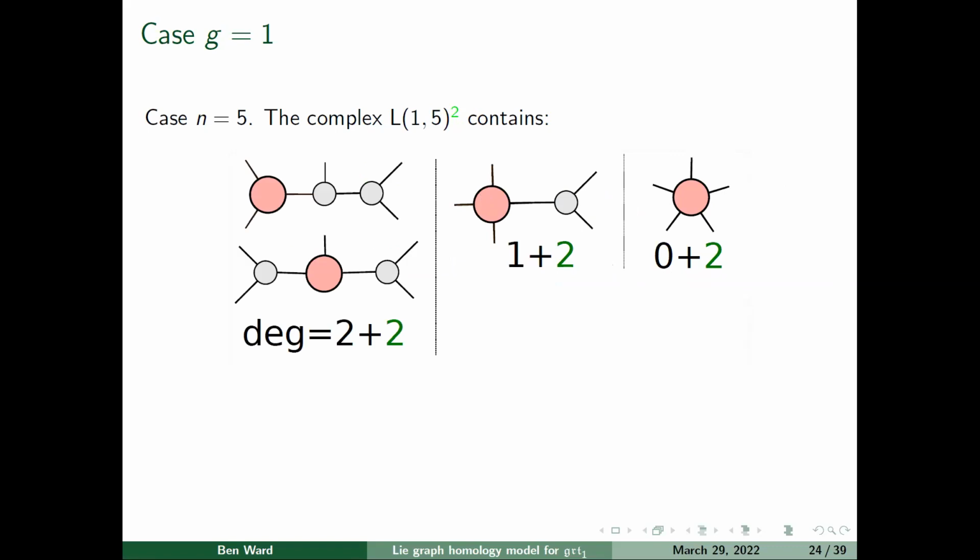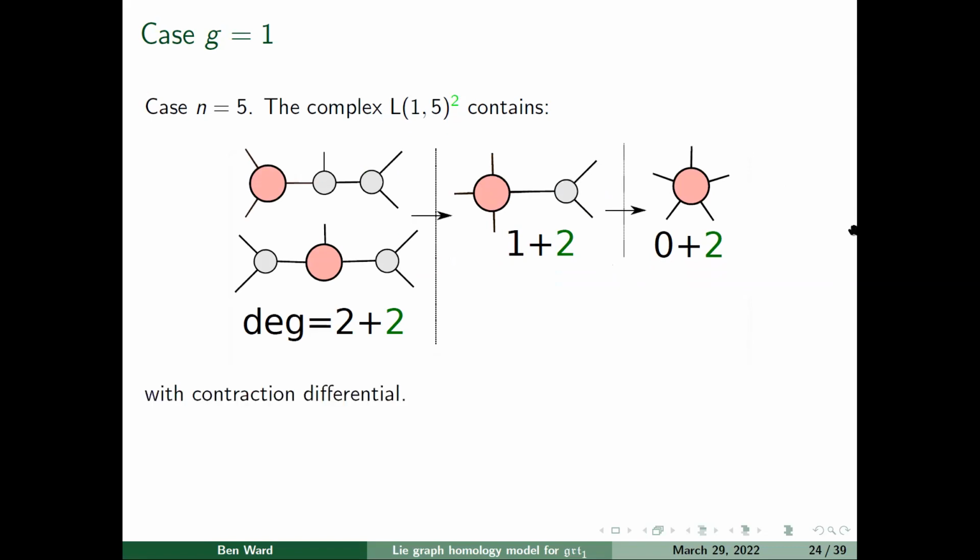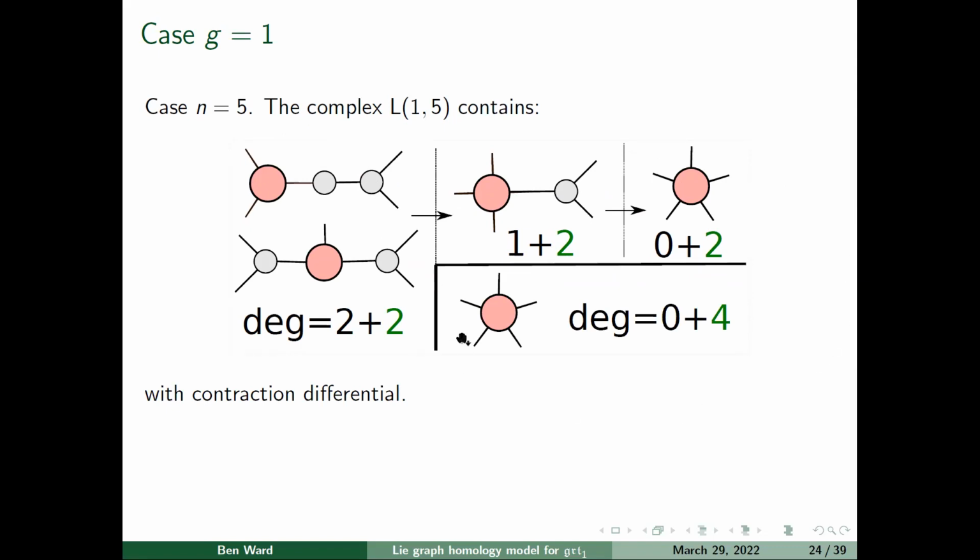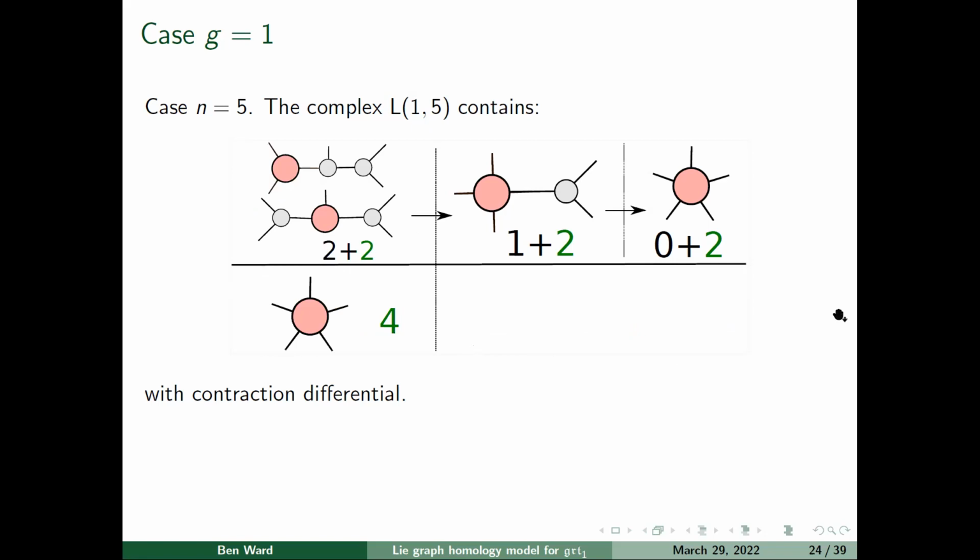So here's the internal degree 2 complex, drawn in cartoon form with the contraction differential, which goes this way. And then I could also have my internal degree 4 complex, but the only thing I can have there is just the corolla. So if I line this up, the degrees go like this. And these are all one-edge contractions with this horizontal differential.